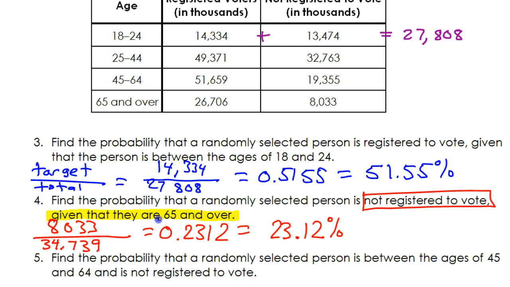When we were dealing with people 65 and over, we were dealing with this part of the chart, and if you added those up, we got 34,739.